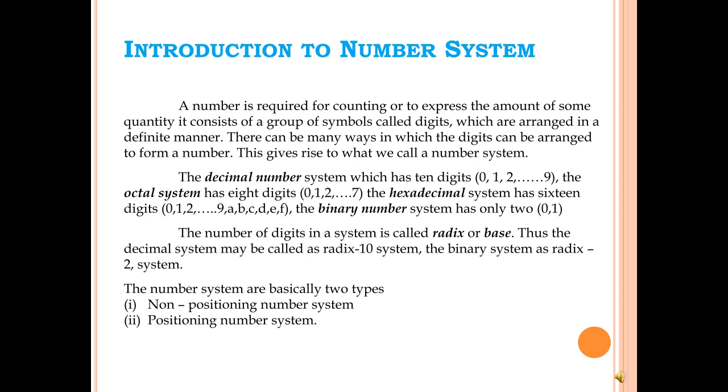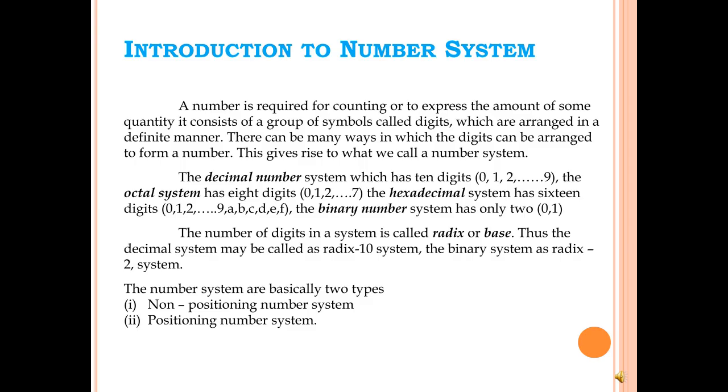Now, the number system has been designed in different ways. We have the decimal number system, which has 10 digits, starting from number 0 and ending with number 9. The octal number system has 8 digits, starting with number 0 and ending with number 7.